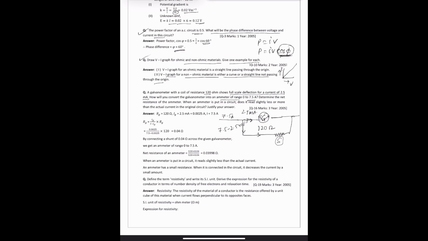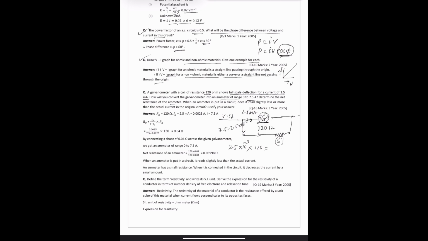Okay, determine the net resistance of the ammeter. So let us do this calculation. When this shunt is connected in parallel with the galvanometer, these two are parallel. So what is the potential difference across the galvanometer? The current is 2.5 milliampere into the galvanometer resistance of 120 ohm, and this is in parallel with the shunt.